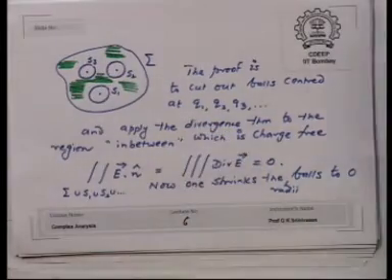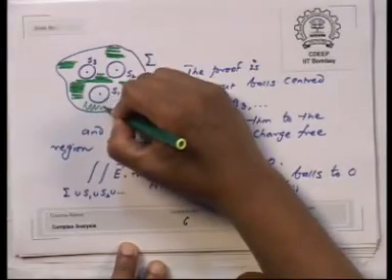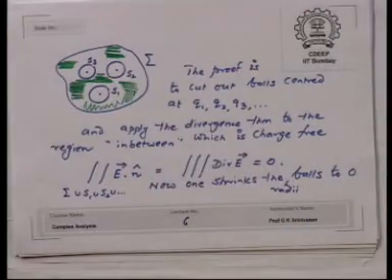The region depicted in green. It's a charge-free region, and in a charge-free region, divergence is 0.